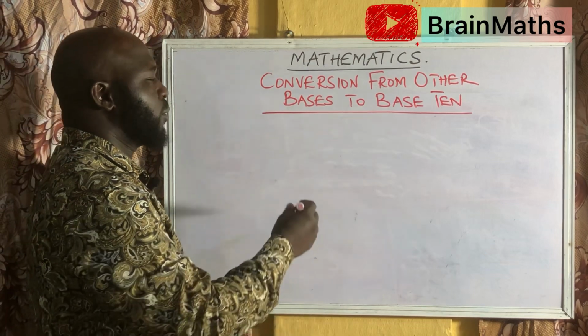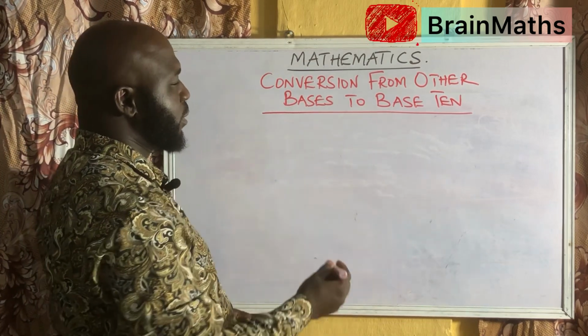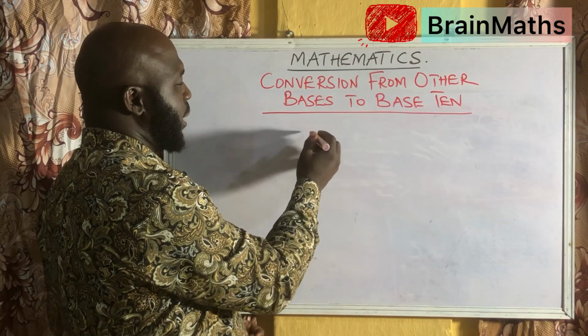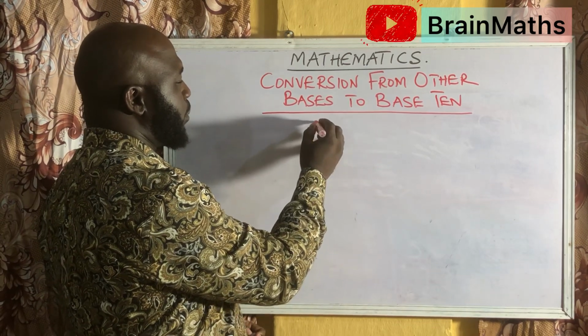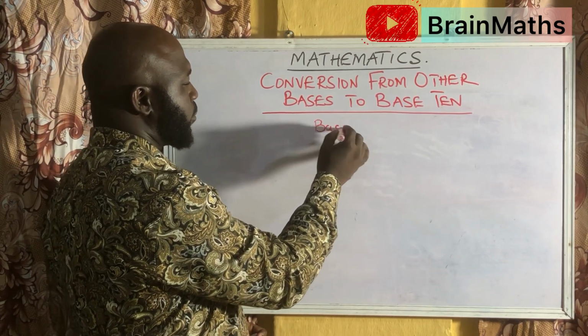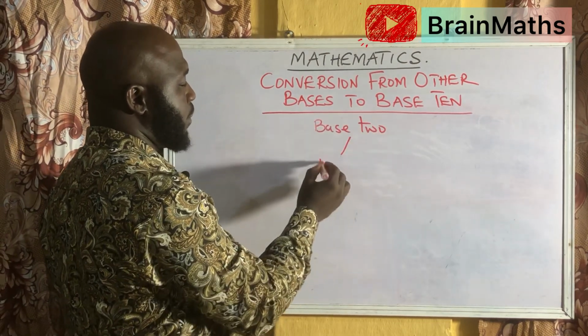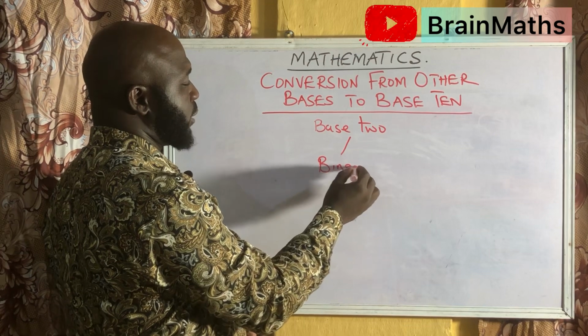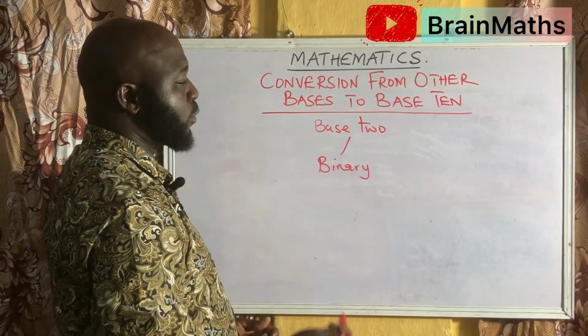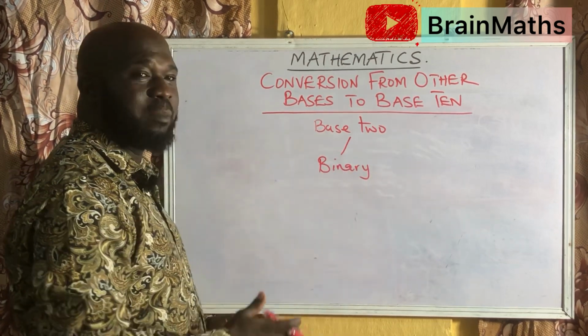We have numbers in different bases, but the major bases that are common are base 2, which is also called the binary base. Then we also have numbers in other bases.